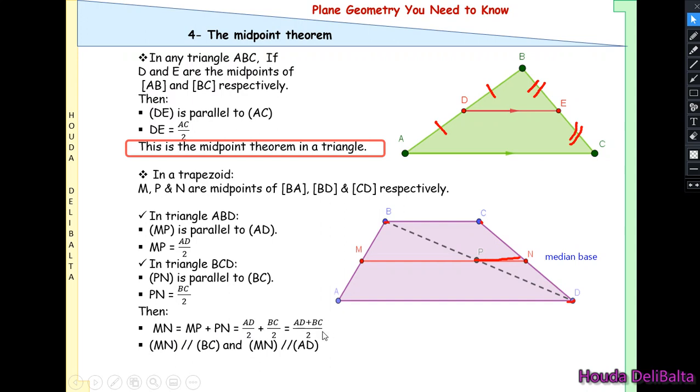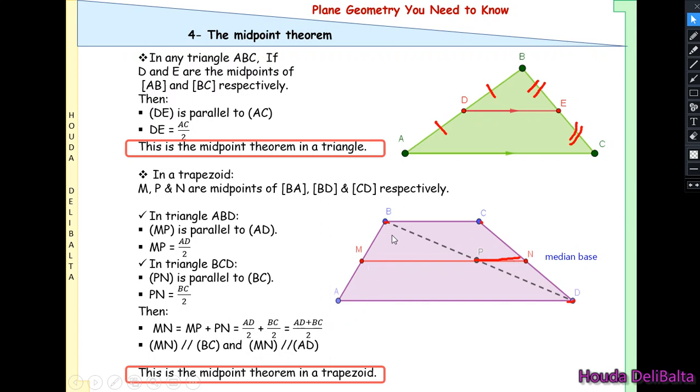And finally, this is the midpoint theorem in a trapezoid. It says that the median base, which is the segment joining the midpoints of the non-parallel sides between the bases, is parallel to both of the bases, BC and AD, and it's equal to their sum divided by 2.